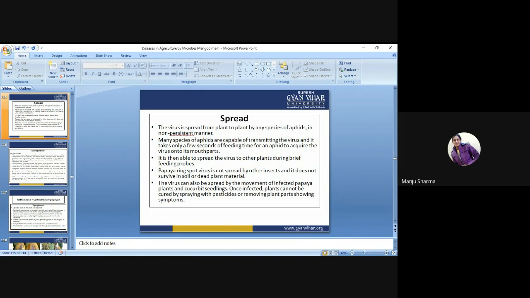The papaya ring spot virus is not spread by any other insects, and it does not survive in soil or dead plant material. This virus can also be spread by the movement of infected papaya plants and cucurbit seedlings.